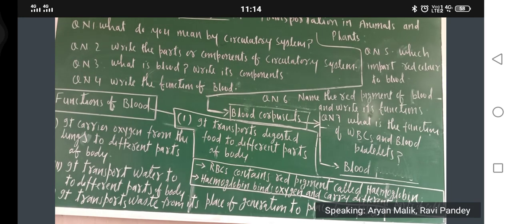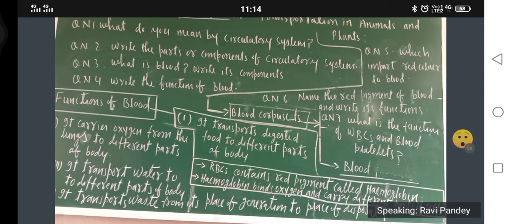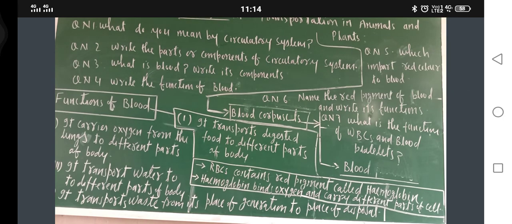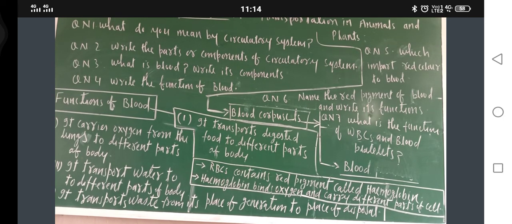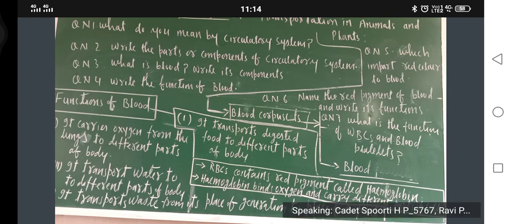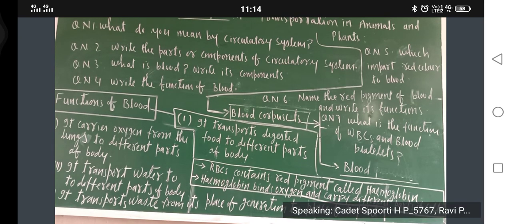What is folic acid? Folic acid is one acid which is found in spinach, palak. Have you heard or not? This increases the iron and hemoglobin, RBC in your blood. Now in hemoglobin only iron is there.